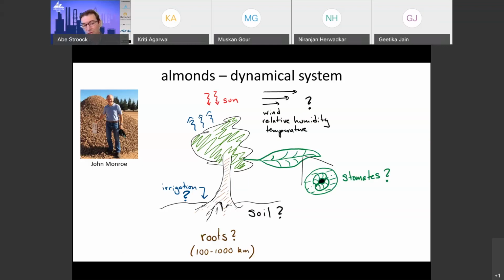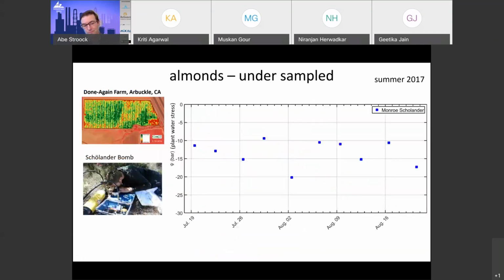And of course, there's all the below ground, where a mature almond tree will have potentially hundreds of kilometers of roots living invisibly under the ground. And so this is where we like to gain this internal information about the system.